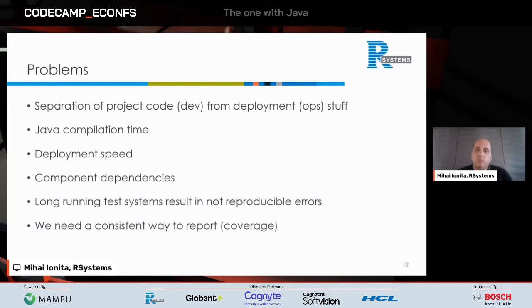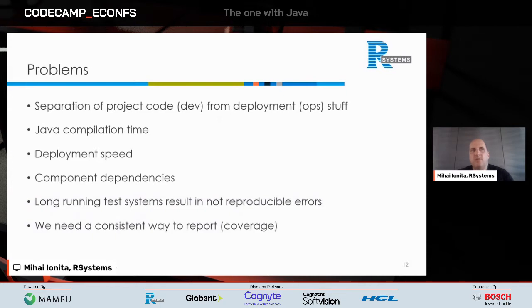Next one, you don't always run a component and have all the mocks around it, like we discussed in the previous slide. What about long-running test systems? And I'm looking at virtual machines here.